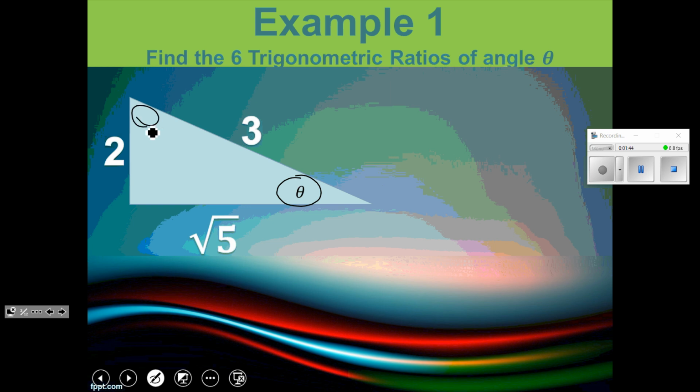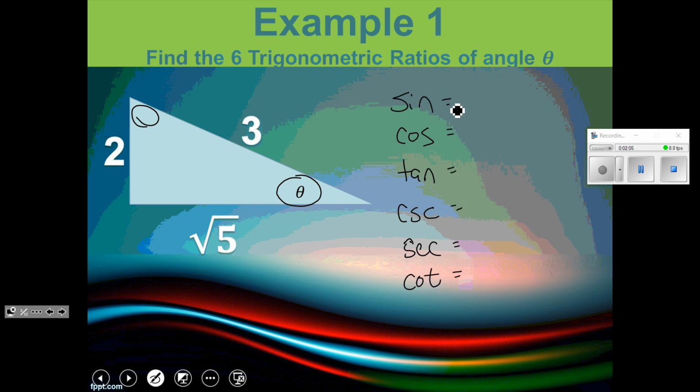You have to know which angle you're referring to, and that's going to make it opposite or adjacent or vice versa. So I'm going to make my list: sine, cosine, tangent, cosecant, secant, cotangent.